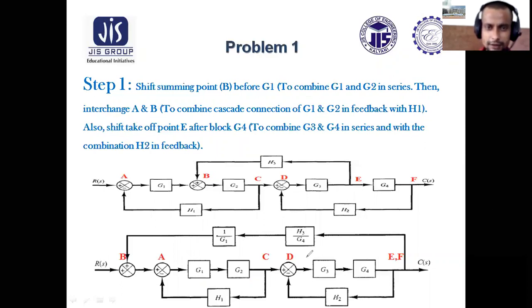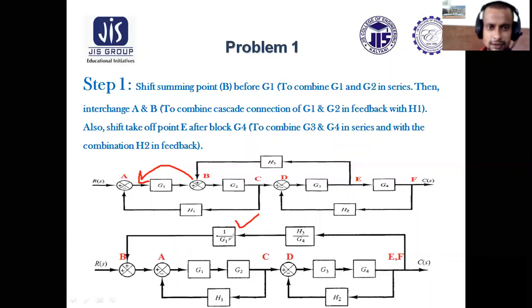So what we have done here, B is shifted before G1. Whenever a summing point is shifted before a particular block, the corresponding signal will be multiplied by 1 by G1 block.